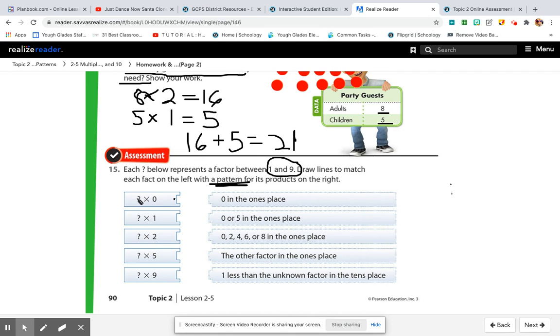So anything, it could be 1 times 0, 9 times 0, it could be 5 times 0. It doesn't matter. What's the zero property rule? Well, the zero property rule is that anything times 0 is 0.